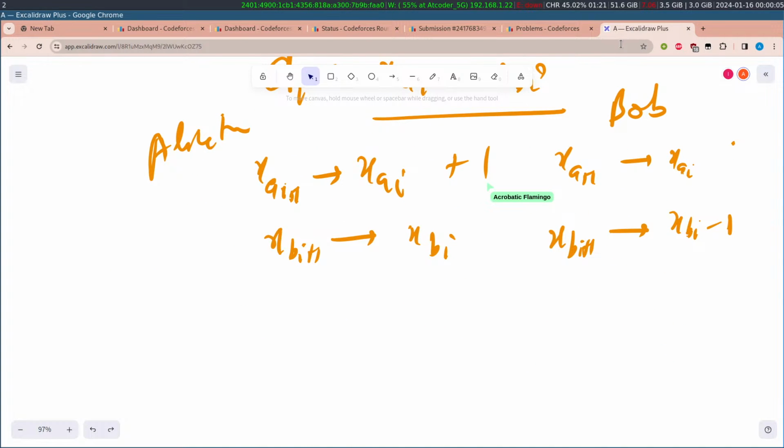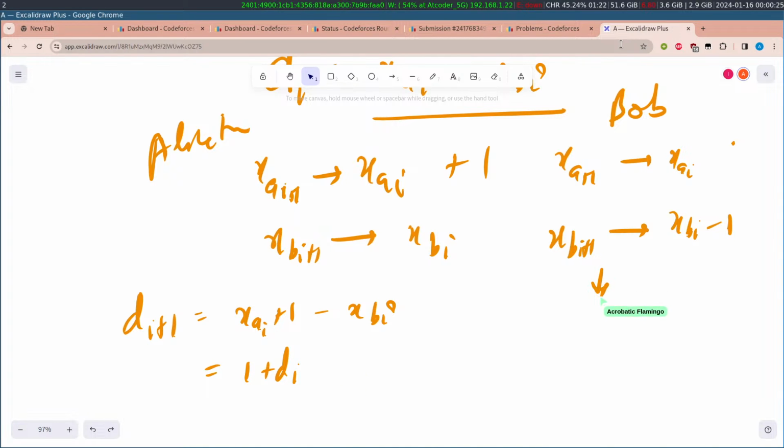In this case, if we look at the new difference of both the coordinates, it would be 1 plus di.